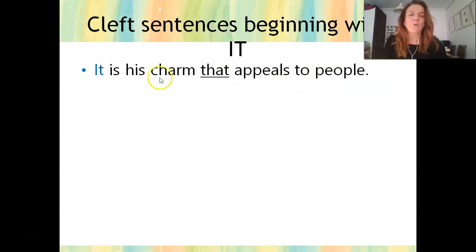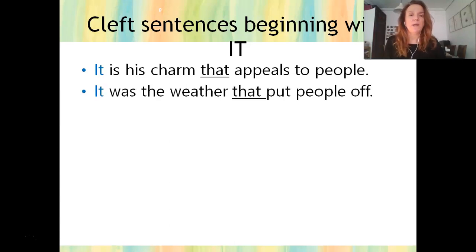What do we mean? That it is his charm and not other traits of his that appeals to people. So it is his charm, not his intelligence, not his money, not his wisdom. It's his charm that appeals to people.